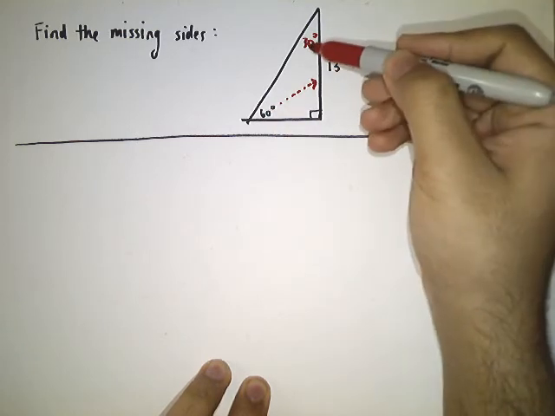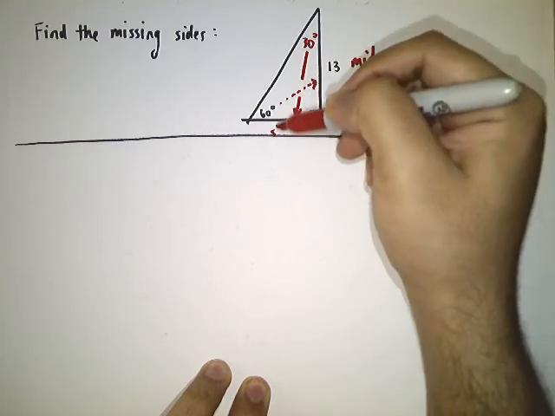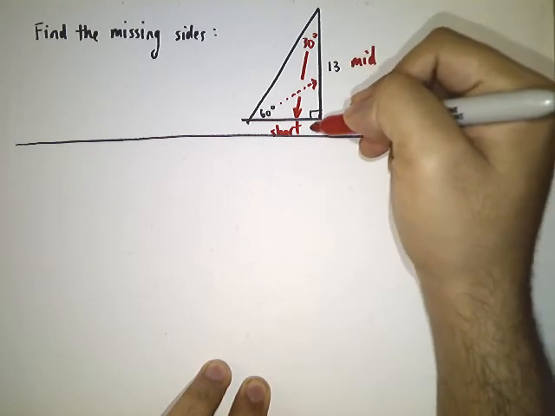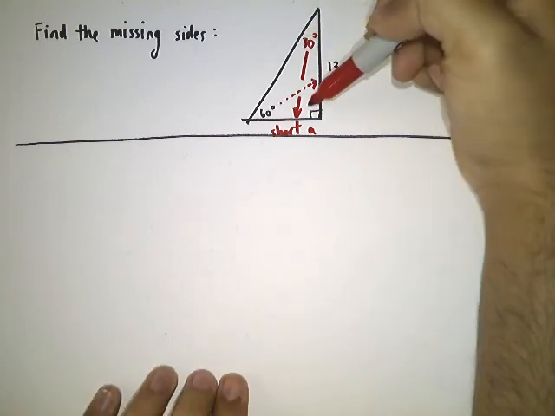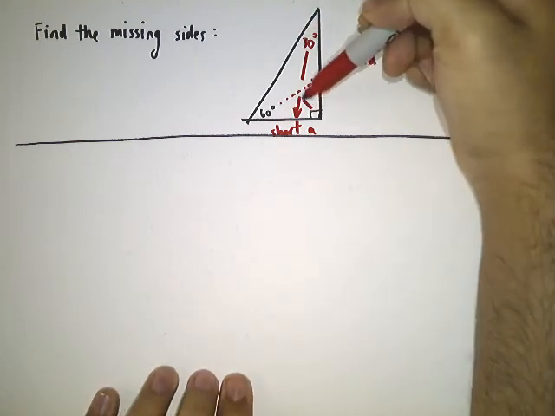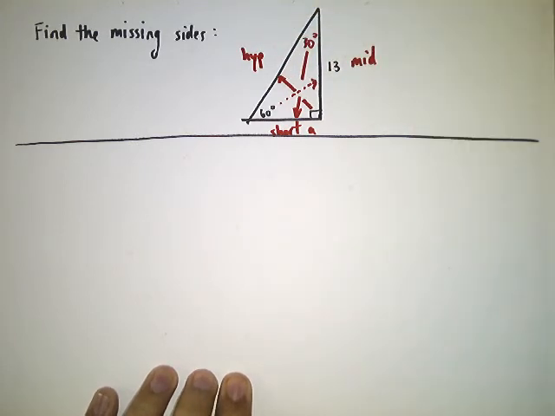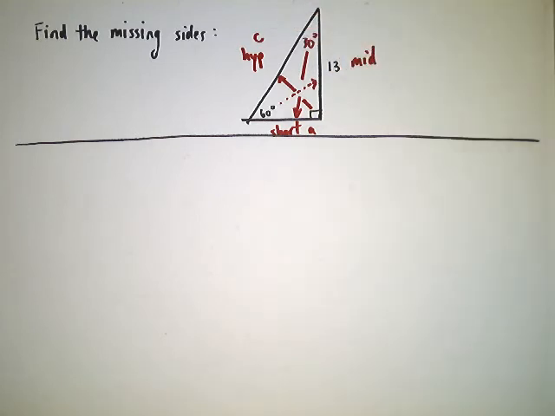Opposite the 30-degree angle, it's going to be the short side, but we don't know how long that is, so for now let's call it A. And last of all, opposite the 90-degree angle is going to be the hypotenuse, but we don't know how long that is, so for now we'll call it C. So our job is going to be to figure out how long exactly A and C are based on how long this middle side that we've been given is.